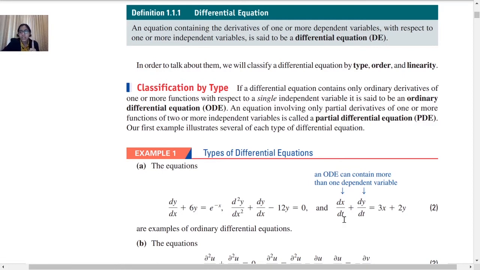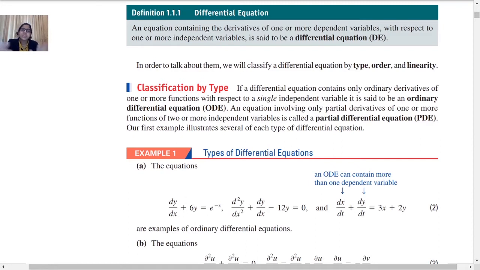Here there is only one independent variable, but there are two dependent variables. That is possible. There is no restriction on the number of dependent variables, but the number of independent variables in the case of an ordinary differential equation must be just a single one. There must be only one independent variable. So dx by dt plus dy by dt is equal to 3x plus 2y is also an ordinary differential equation.